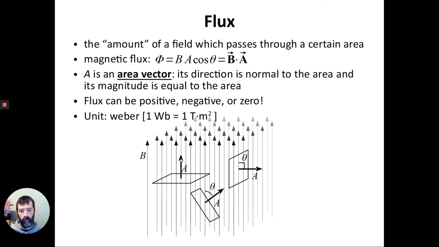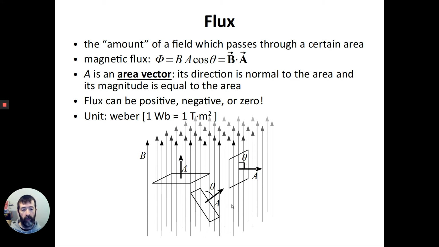I have an area vector drawn here. Area vectors have to be perpendicular to their area. So in this case, where the area vector and the magnetic field are parallel, that'll be an angle of 0. And this is also the case where I'm catching or intercepting the largest number of field lines. And cosine of this angle 0 is 1, so that represents a maximum value for the flux.